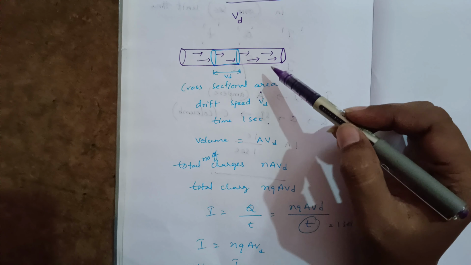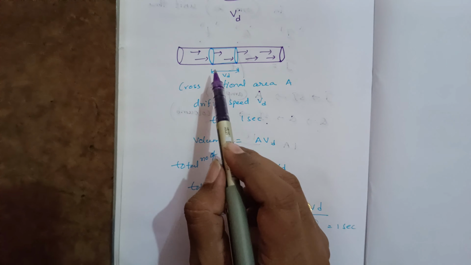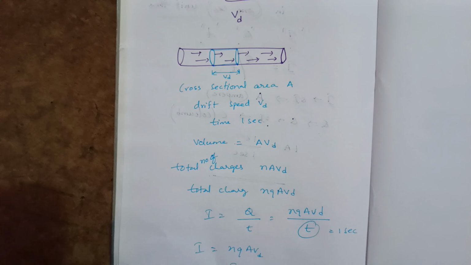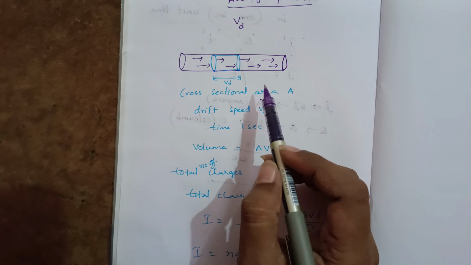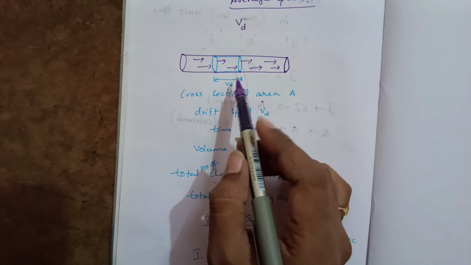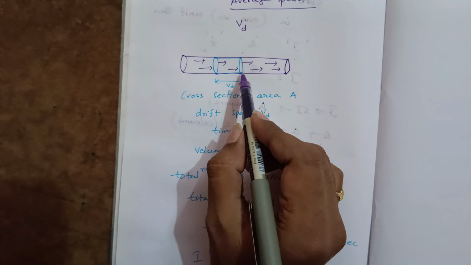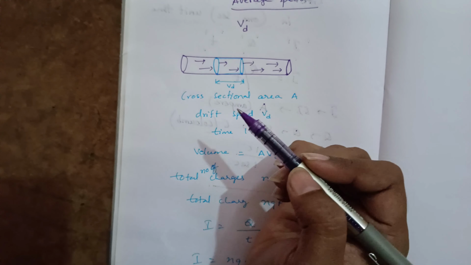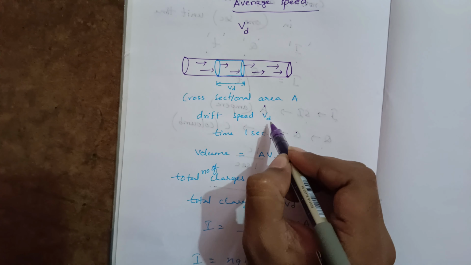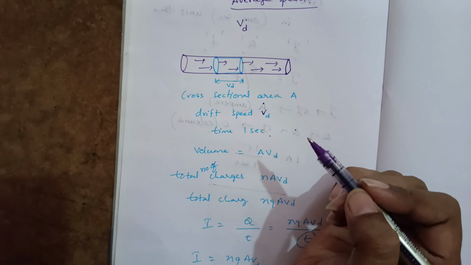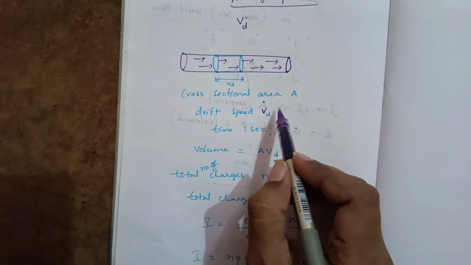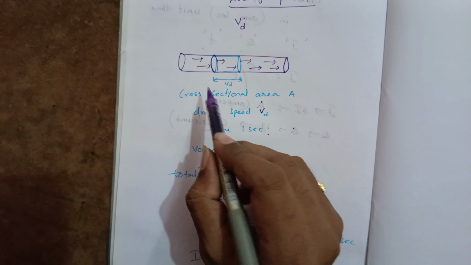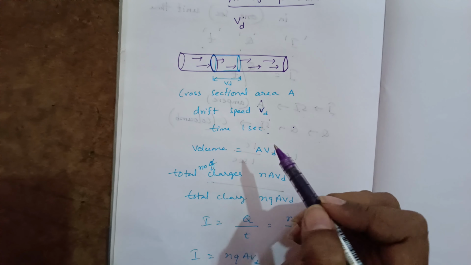Now we will take a conductor. We will consider a cross-sectional volume. This area is A, and the drift speed is Vd. The cross-sectional area we are taking is A, and the electrons' drift speed is Vd.